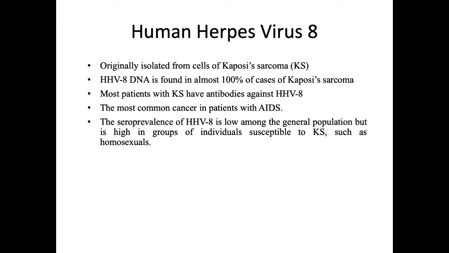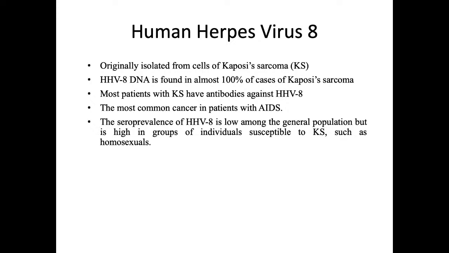Depending on geographic region, we might see different prevalence. For example, in European countries, I think, as I remember, it can range from 15 to 30%. In African countries, from 50 to 80%. In some countries, just from 8 to 15%. So it is not as widely distributed as other herpes viruses.